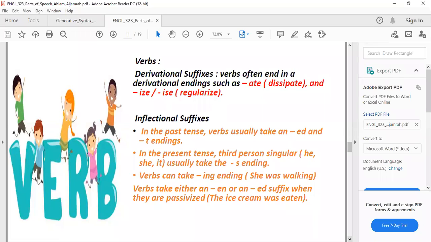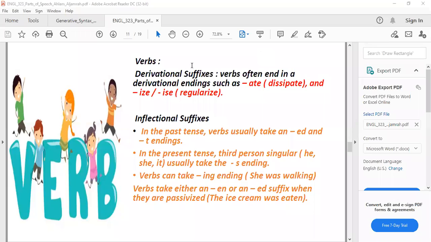Okay, go ahead. So verbs, according to their morphological distribution, we have derivational suffixes of the verbs. Verbs often end in a derivational ending, such as ate, and ize, ise, regularize.